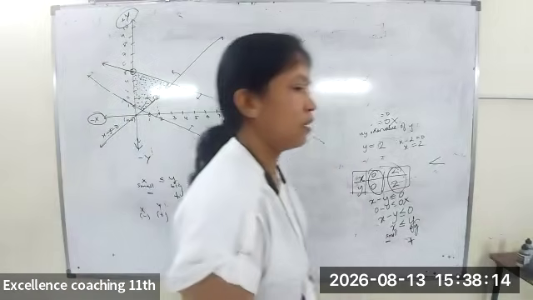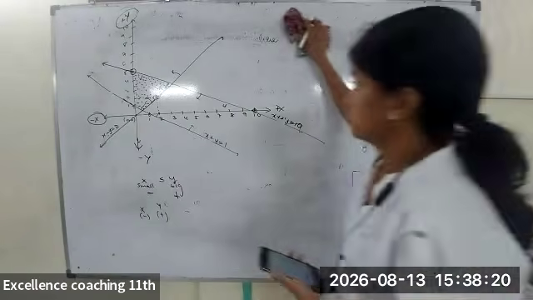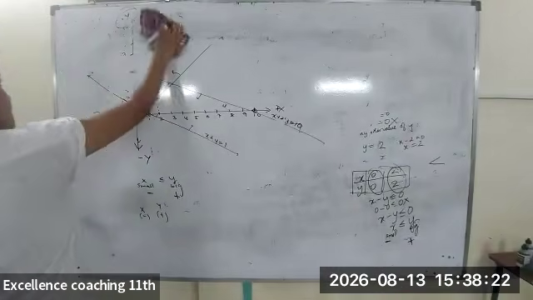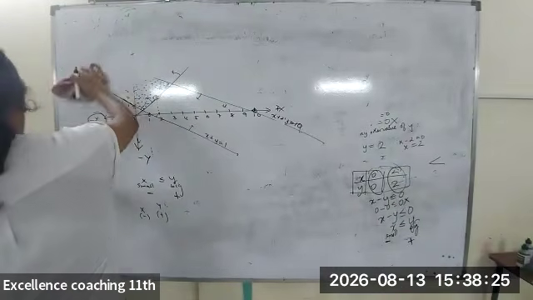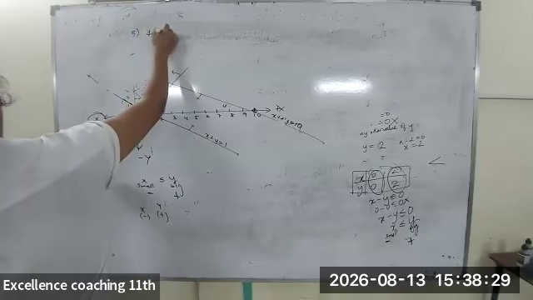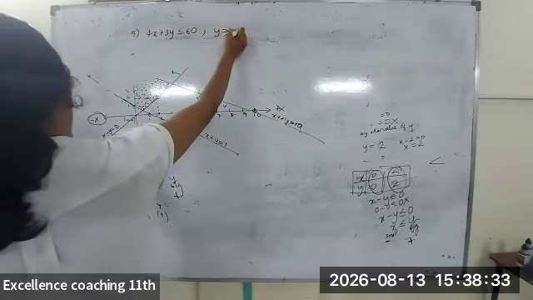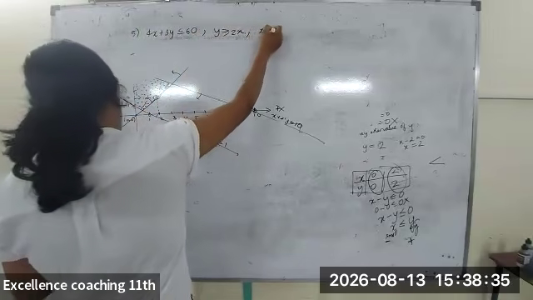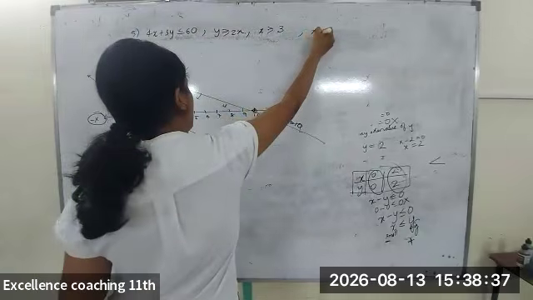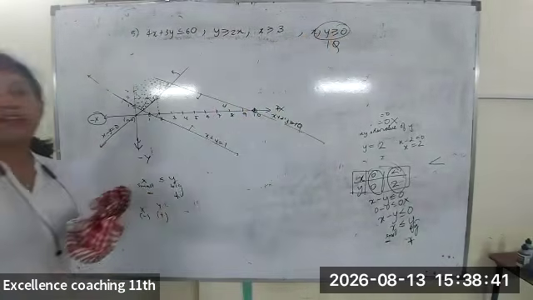So do the next one. This again means first quadrant, x and y are both positive.